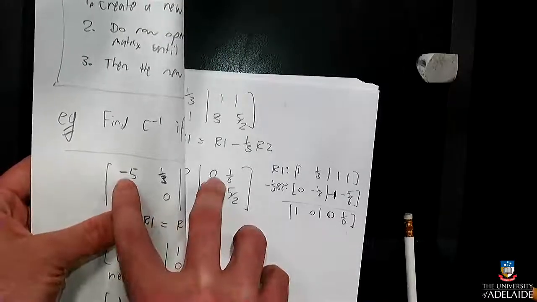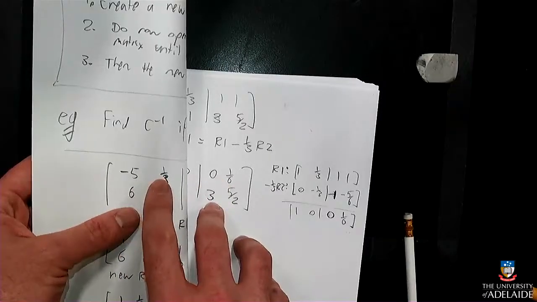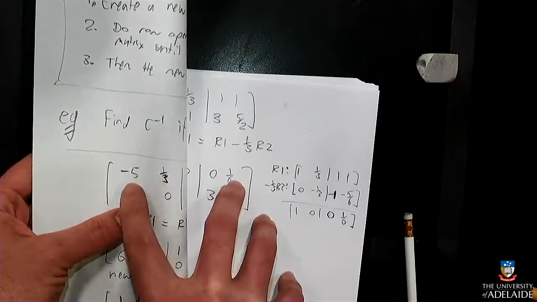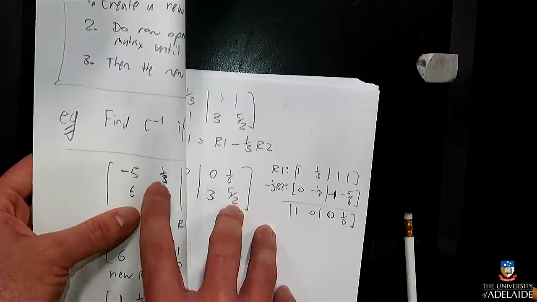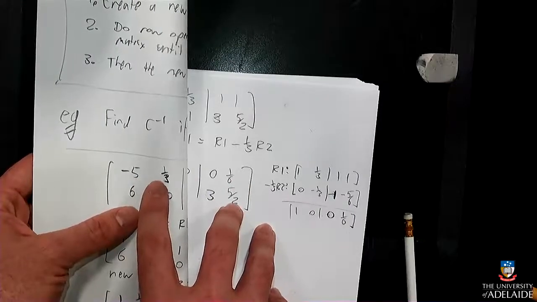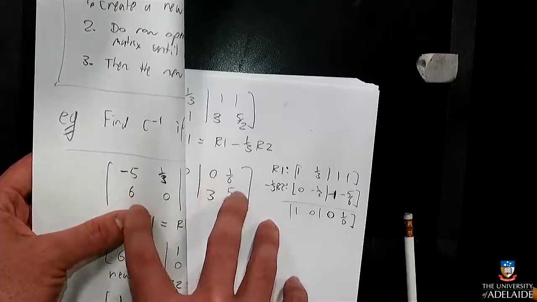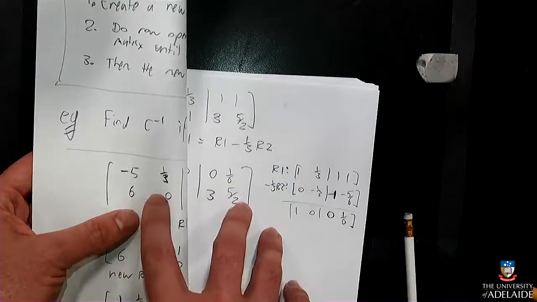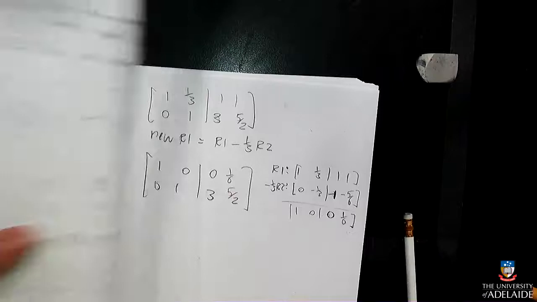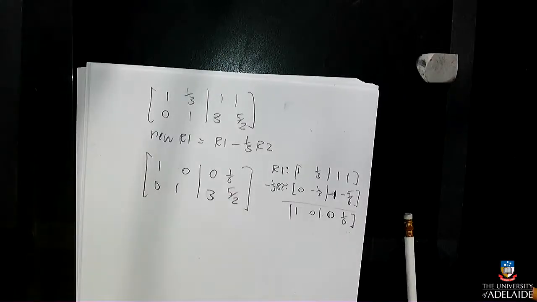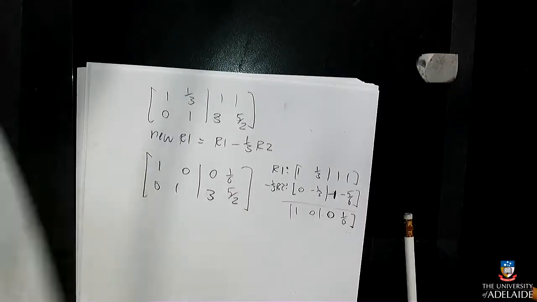Minus 5, 6 times 0, a third times 3, that'll be 1. Minus 5, 6 times a 6 is minus 5, a third times 5 halves is 5, 6, so they cancel. 0 times 6, 0 times 3. 6 times 1, 6 is 1. 0 times 5, 2 is 0. Okay, it really does work. I have checked that it really is the inverse, and so therefore I've done it right.